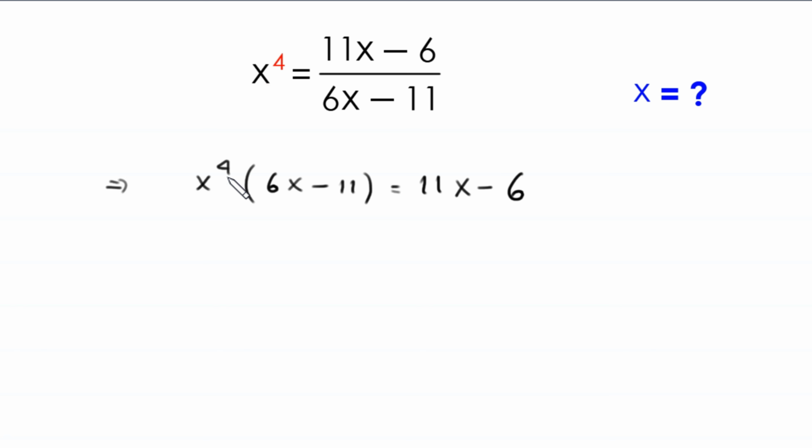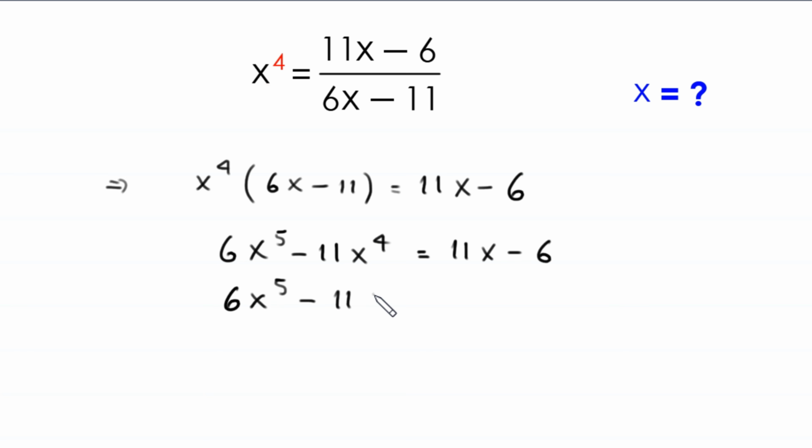Distribute this x to the power 4, this will become 6x to the power 5 minus 11x to the power 4 equals 11x minus 6. Move these two terms to the left hand side, this will become 6x to the power 5 minus 11x to the power 4 minus 11x plus 6 equals 0.